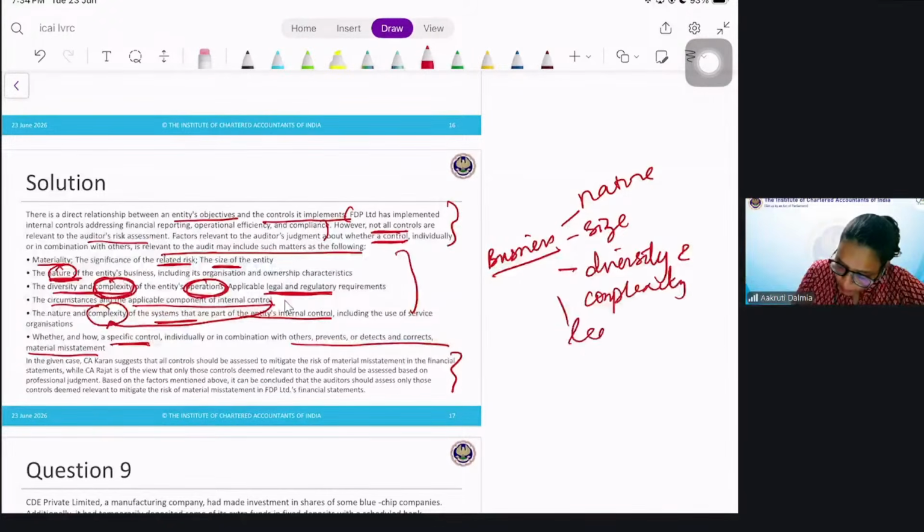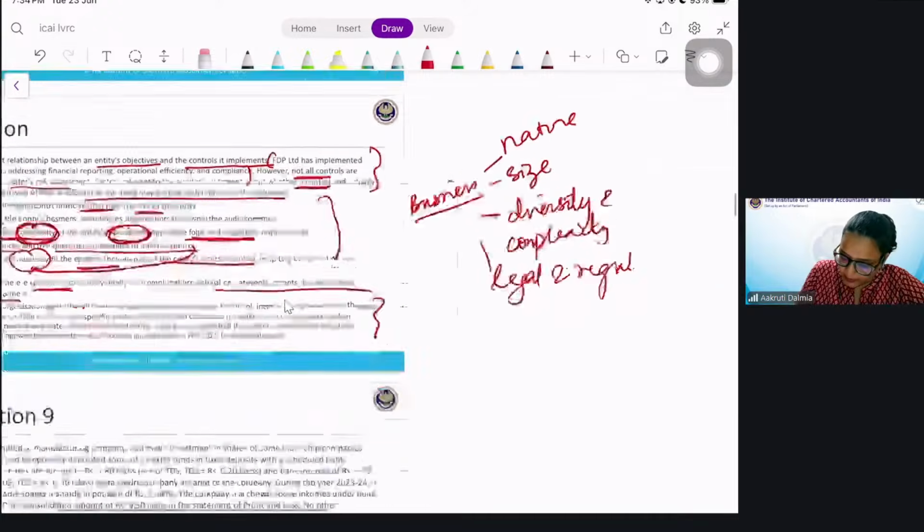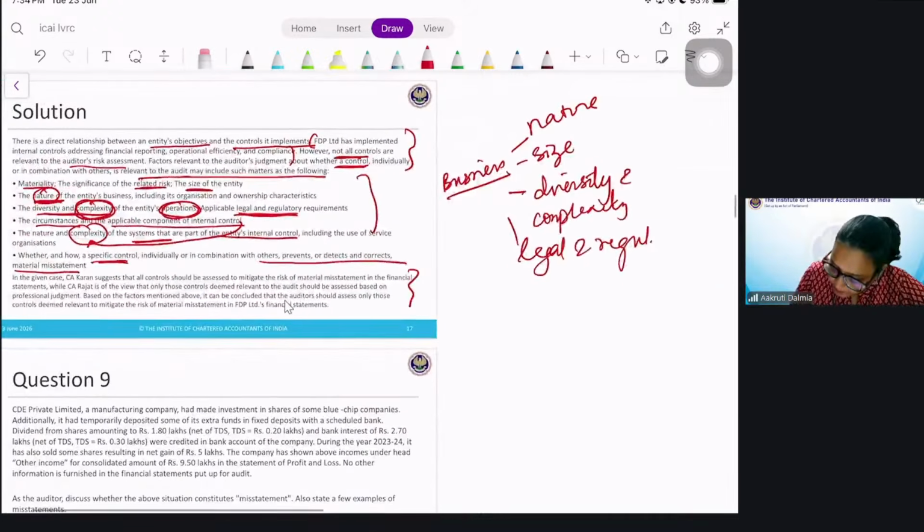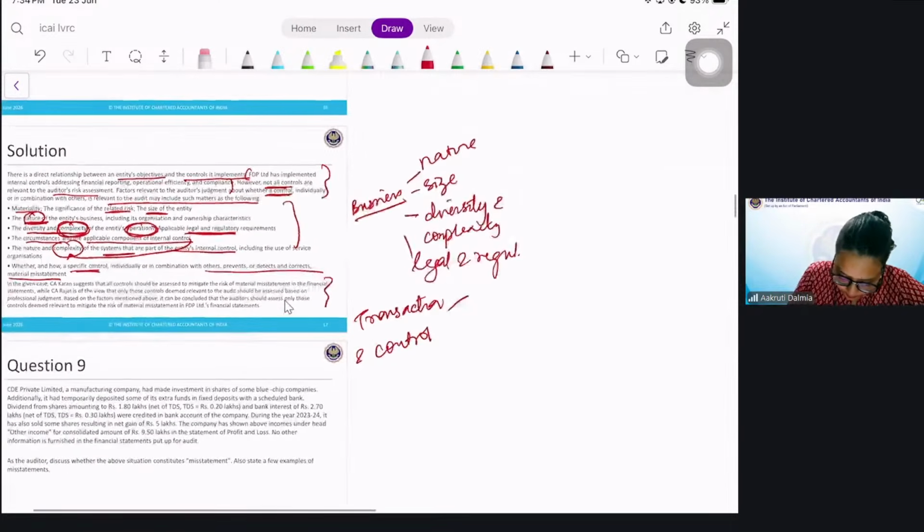What legal and regulatory requirements are applicable to the business? Then you see transactions and controls related points. Transaction and control. So you have to see what kind of risks are there, what kind of materiality is there of the risk.